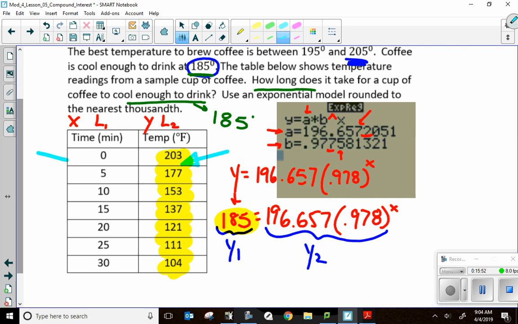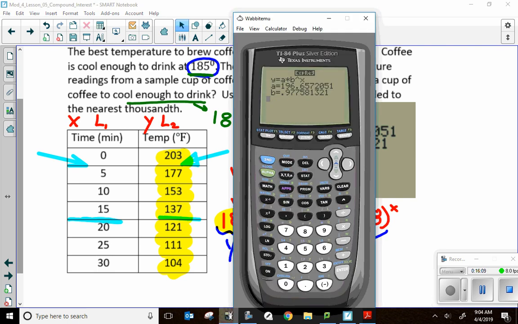So my time should fall between 0 and 5. If I get a time that's 18, like right here, 185 does not fall here. Okay, so logically, my answer should be between 0 and 5.